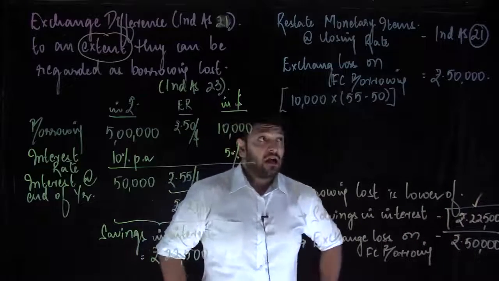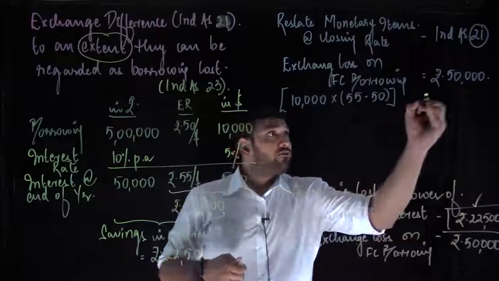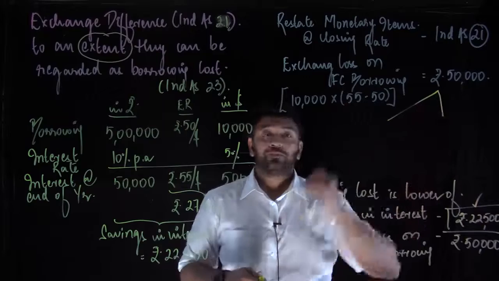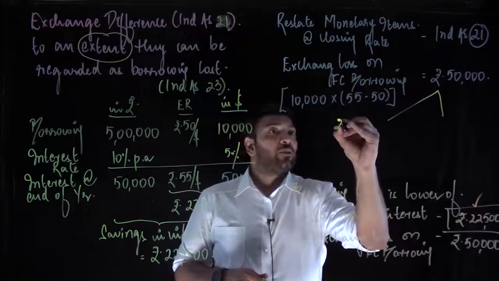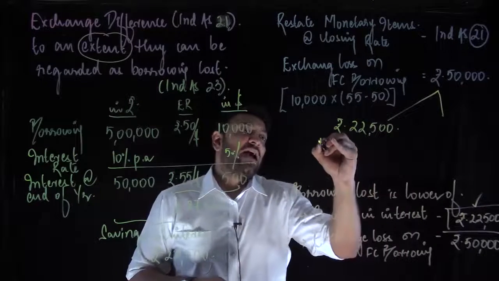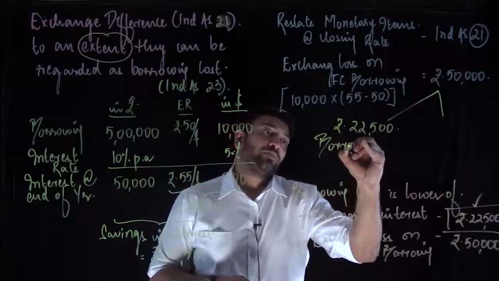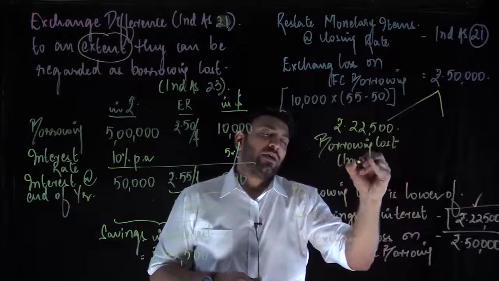So what we are saying is, out of the exchange loss that we have suffered, I'll split this into two types. To an extent of 22,500 rupees, this should be treated as borrowing cost under Ind AS 23.